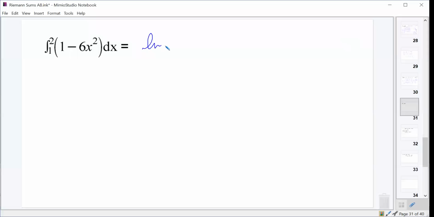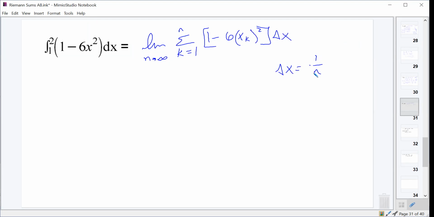Hopefully we started off the same way as the other ones. The limit as n approaches infinity of the sum from k equals 1 to n of 1 minus 6 x sub k squared times delta x, with delta x equal to what? 1 over n.